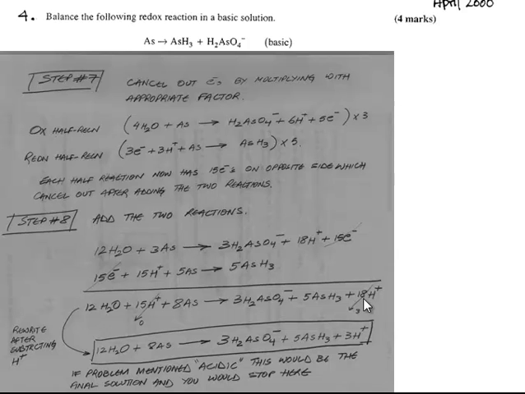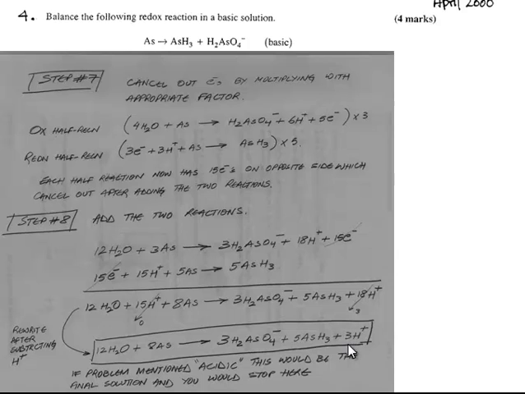Now there's 18 hydrogen on the right hand side and 15 hydrogen on the left hand side. So this goes into here, so this cancels out, and the remaining 3 hydrogens right here. So we rewrite the equation here. 12 H2O, 8 As gives 3 H2AsO4 plus 5 AsH3 plus 3 hydrogen.